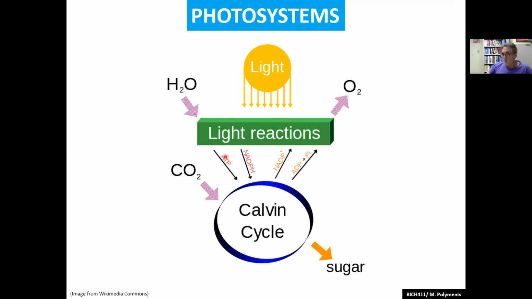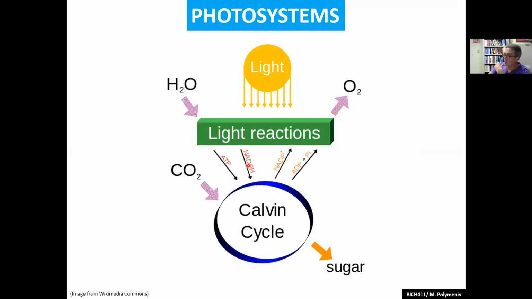Now, we're going to have some electron transfer here. So the electron transport chain will come into play again, just like we saw in the previous videos during respiration. And as the electrons are moving from water, those electrons will find their way eventually onto NADP plus to give you NADPH.